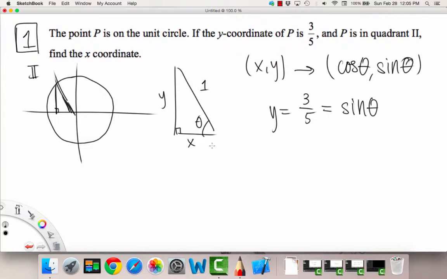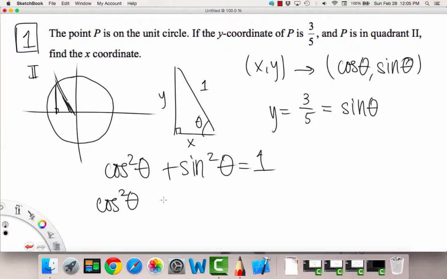So we can figure this out in a couple of different ways. We can use our triangle geometry, or we could also use the Pythagorean identity, and that's what I'll do in this problem. If we know sine, we can figure out cosine. So cosine squared theta plus 3 over 5 squared is equal to 1.